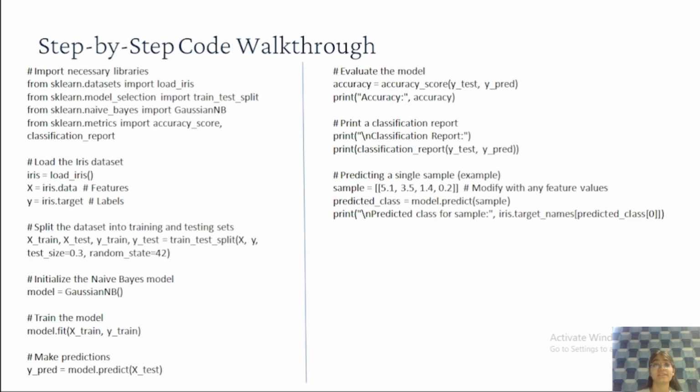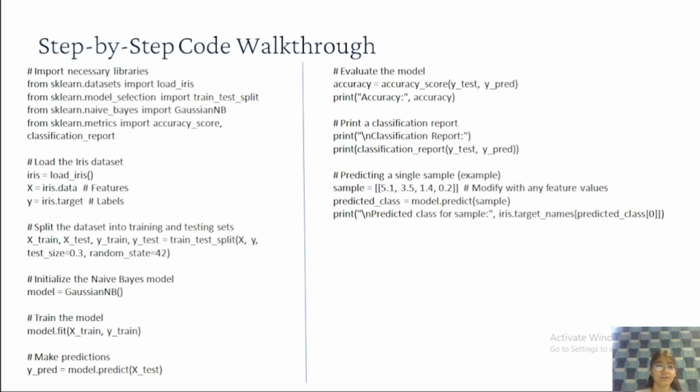Now we are initializing the Naive Bayes model, which is GaussianNB, and the parentheses mean that this is a function coming from the GaussianNB library which we have imported earlier.